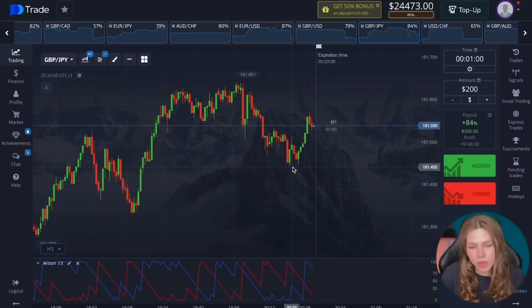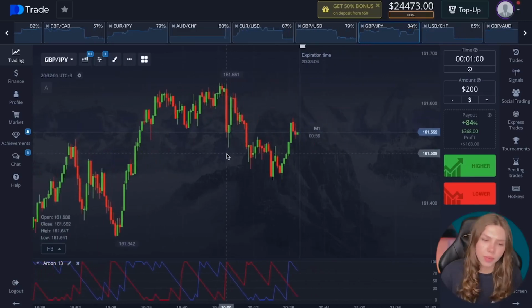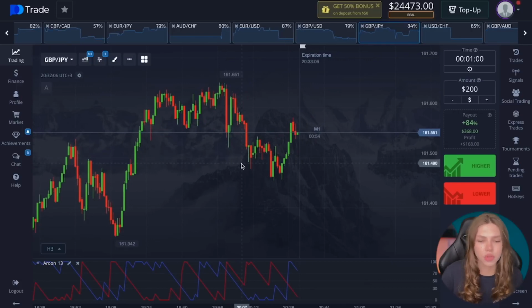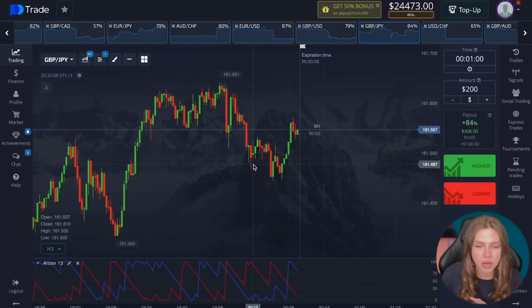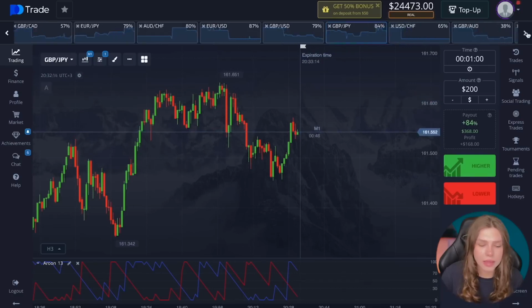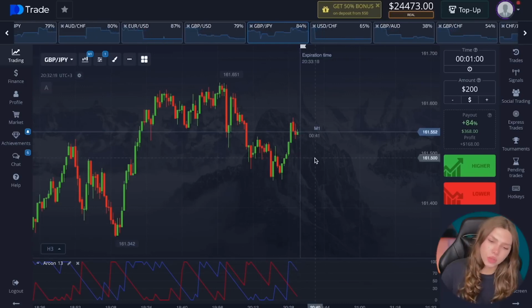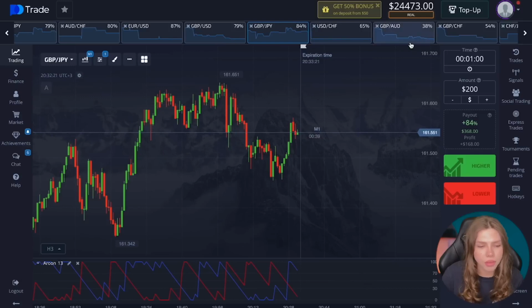First of all, I will analyze the chart myself, not paying attention to the indicator. Then I will check the indicator to make sure that I have analyzed this chart correctly. For example, if I'm going to put down and the indicator tells me that it is possible to put down, we will do it, just to make sure that we are doing everything right.